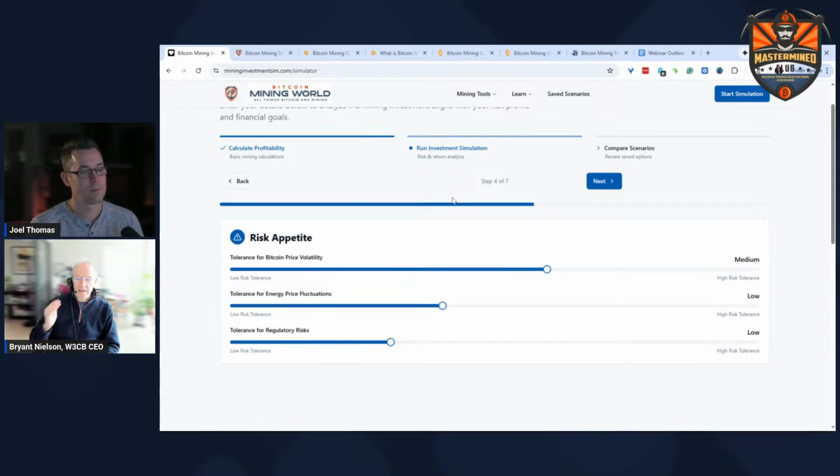You also have then the ability to manage risk. So you have to say, how tolerant am I going to be for Bitcoin price volatility? The past month shows that it can be incredibly volatile. Since the high in October of 2025, we're looking at almost a 47% reduction or drawdown in the price.